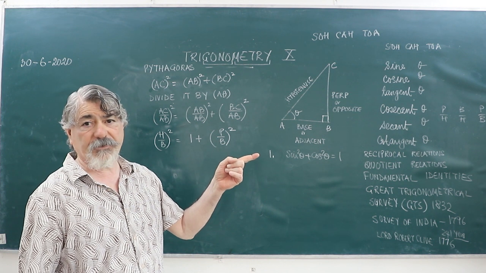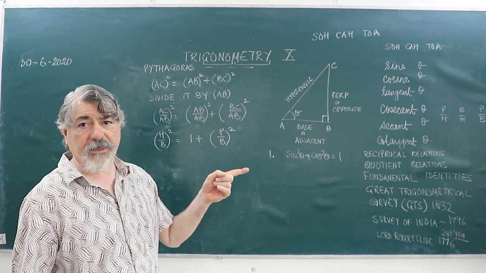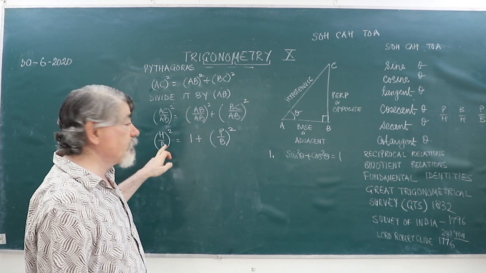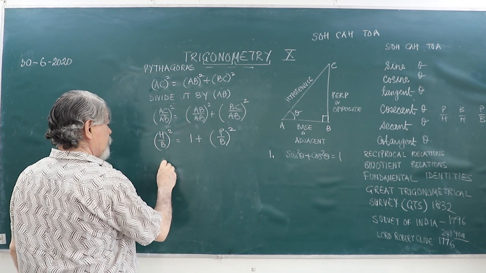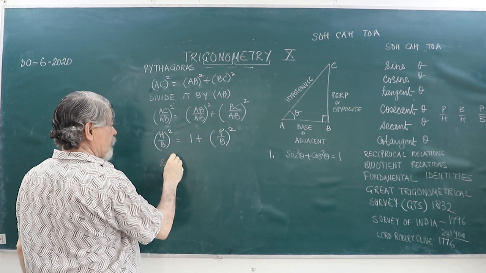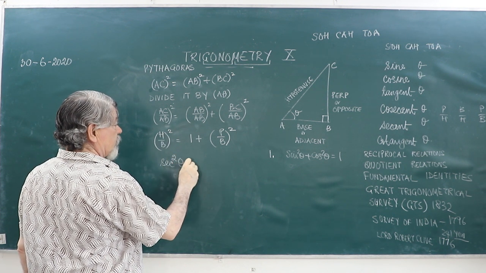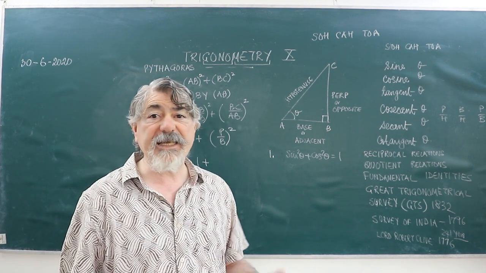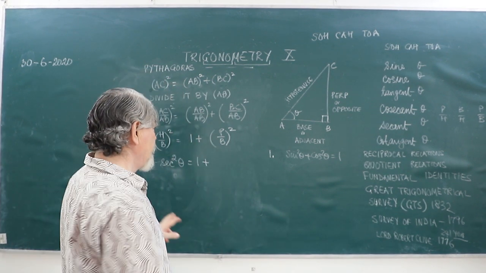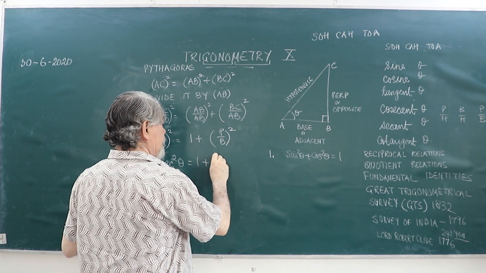Opposite of this is hypotenuse upon base. Opposite of cos is sec. So sec square theta, because it is a square, is equal to 1 plus perpendicular upon base, which is tan square theta.